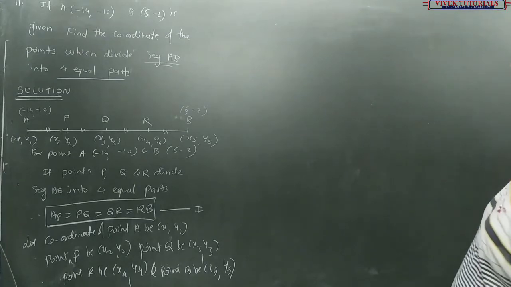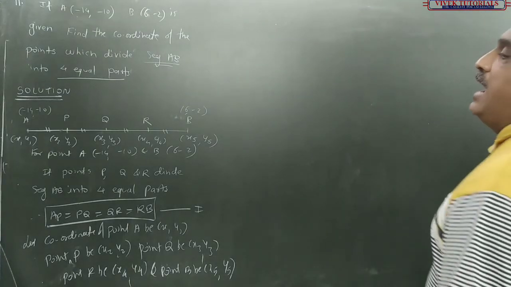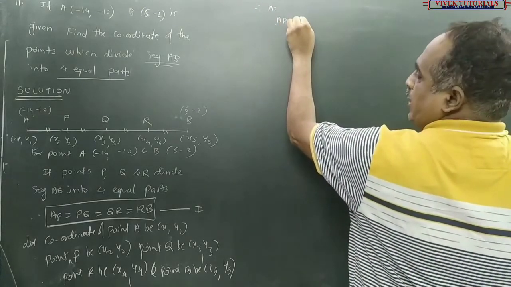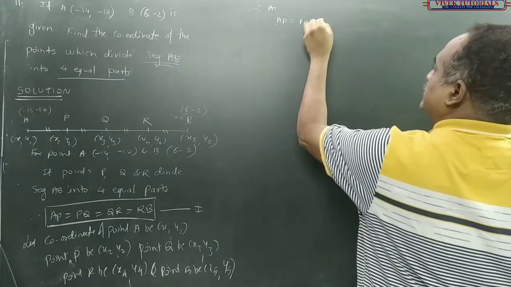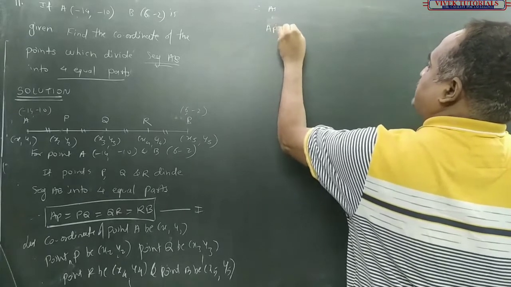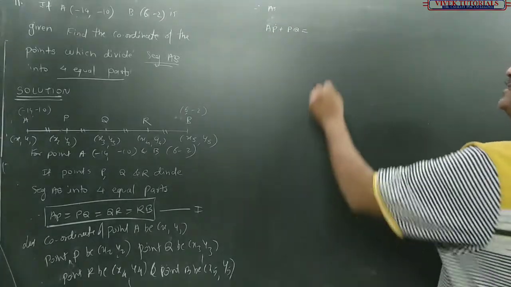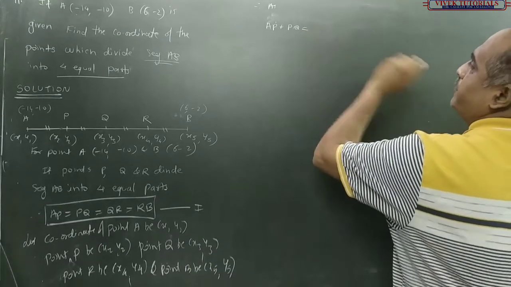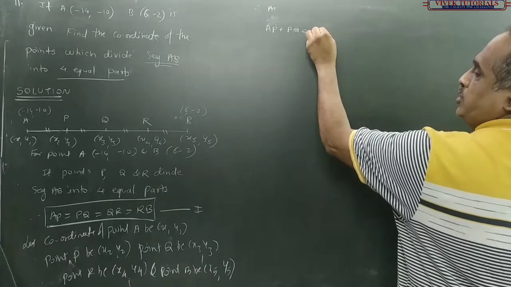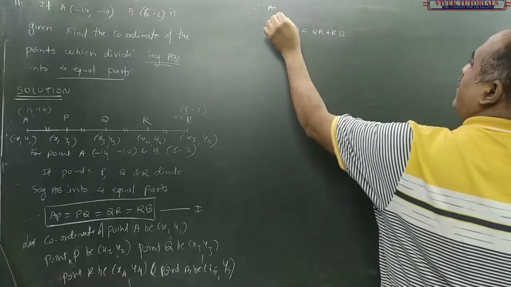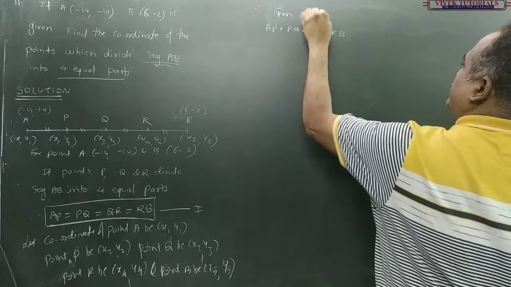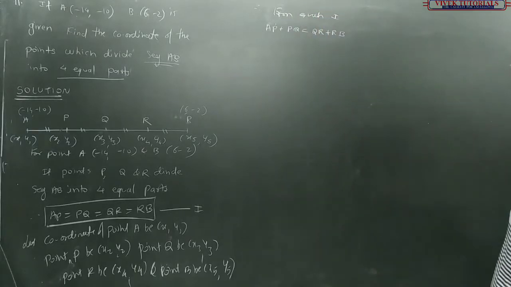Okay. Now what I can do is, AP plus PQ is equal to QR plus RB from equation 1. Is it right?